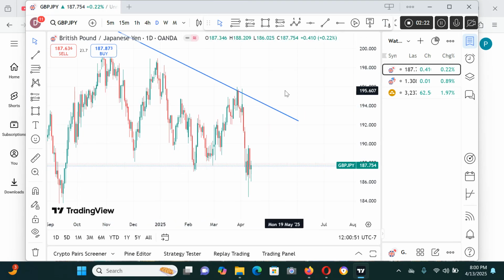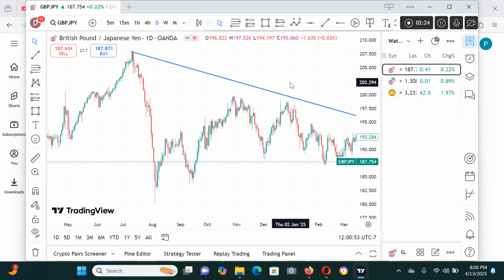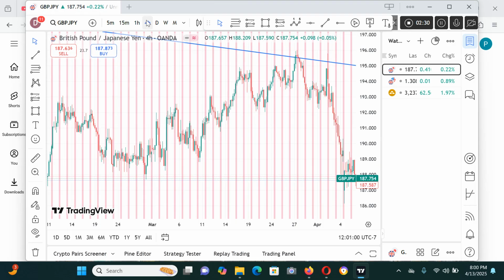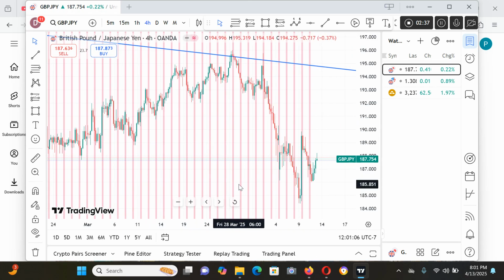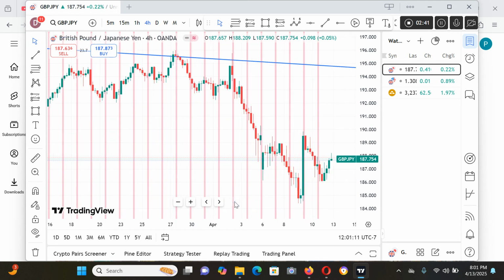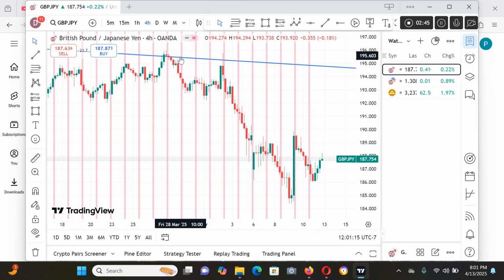After identifying the trend from the higher time frame, I will go straight to the 4 hour time frame to confirm my analysis. You can see this market is a downtrend market on the 4 hour time frame too.